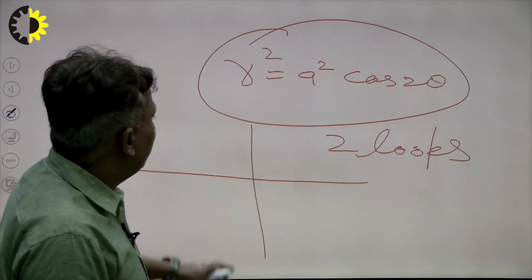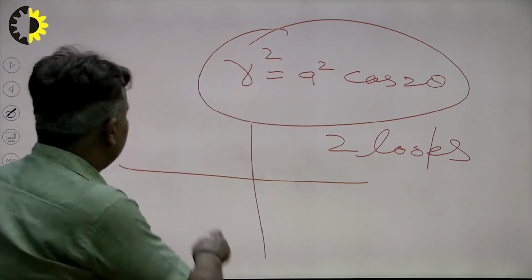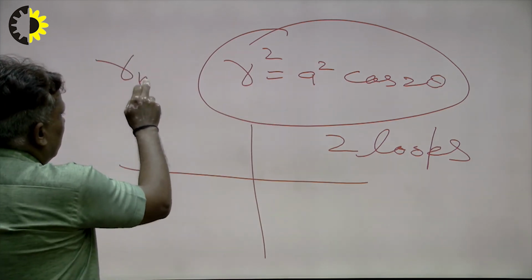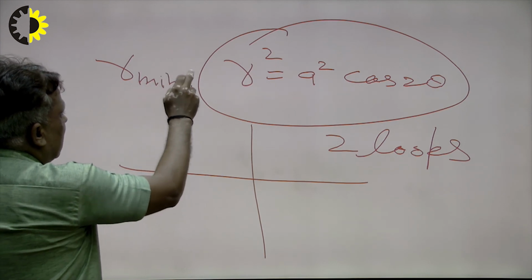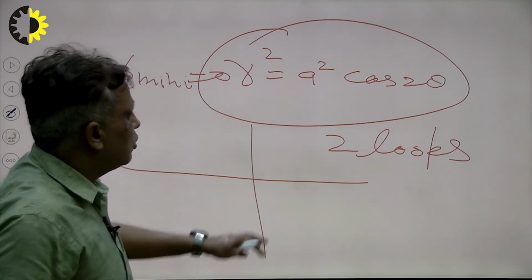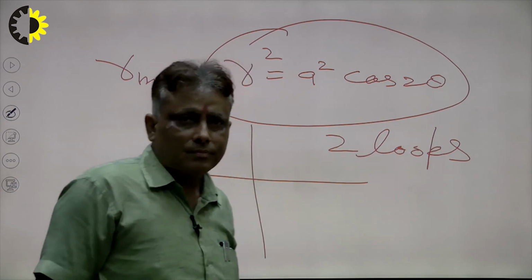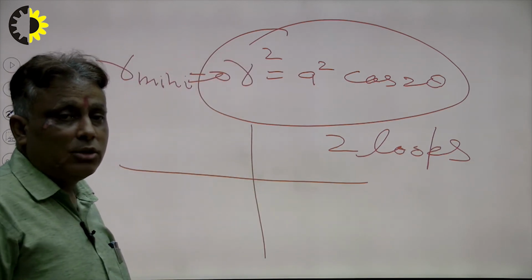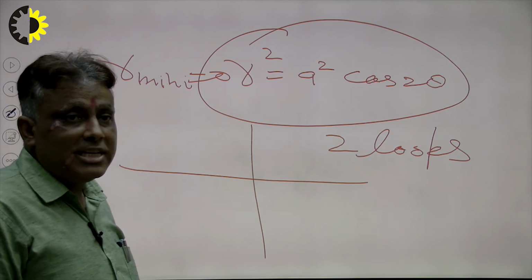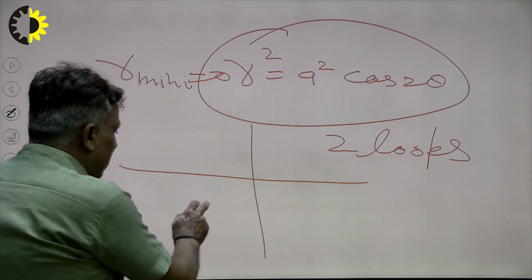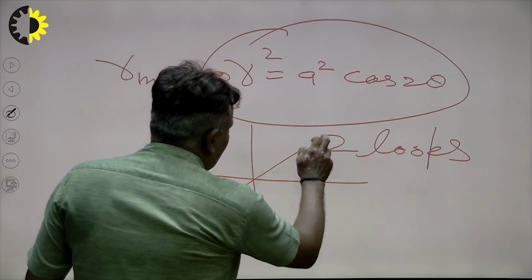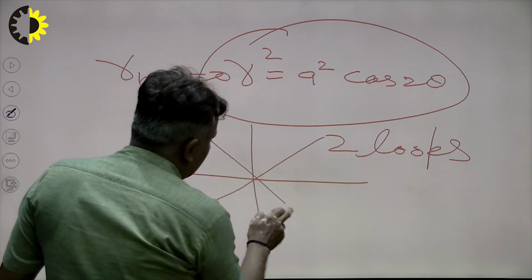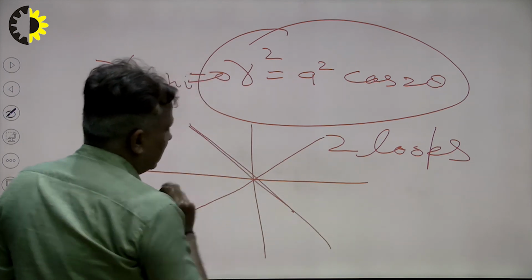First of all I calculate the r minimum. So r minimum will be 0 when cos 2 theta is equal to 0, and 2 theta is equal to pi by 2, so theta is equal to pi by 4. So there are two tangents, theta is equal to pi by 4 and theta is equal to minus pi by 4 here.